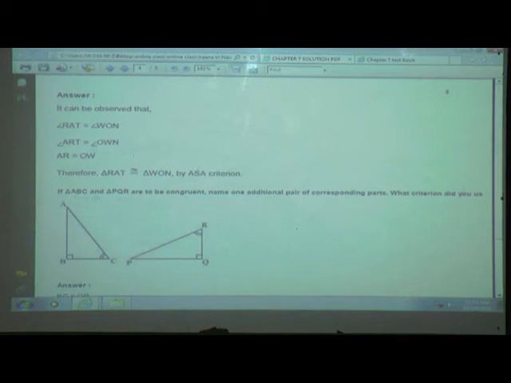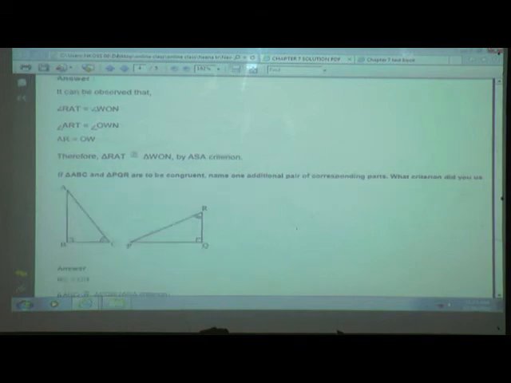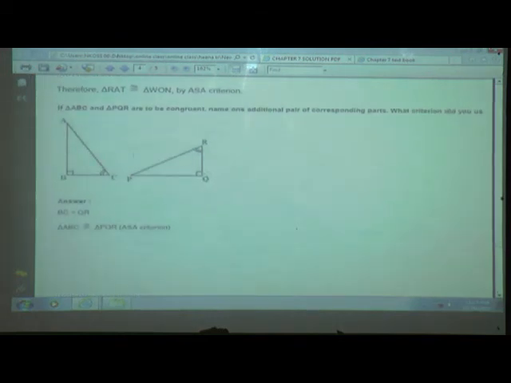If triangle ABC and triangle PQR are to be congruent, name one additional pair of congruent corresponding parts. What criteria did you use? What criteria we have to use to find the corresponding sides?